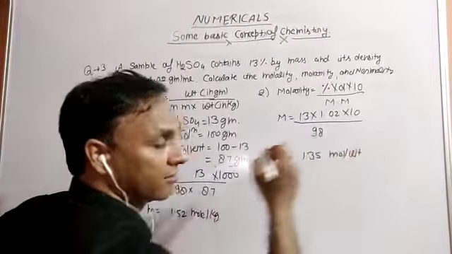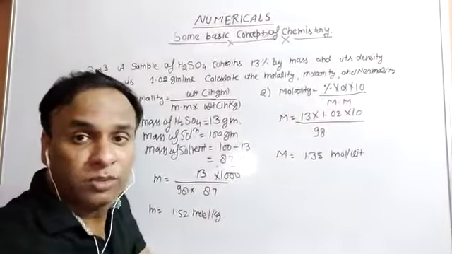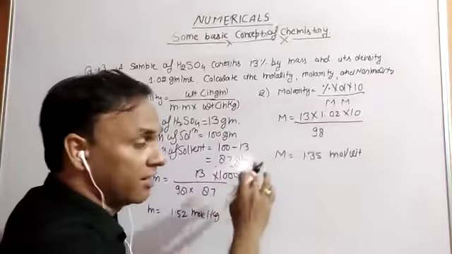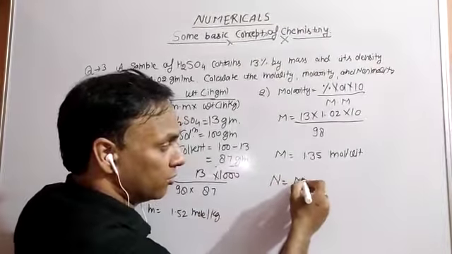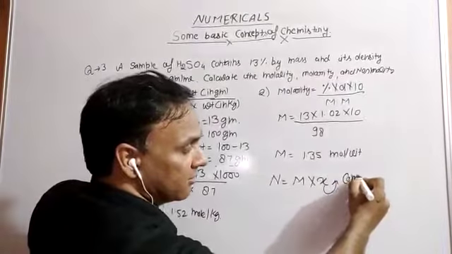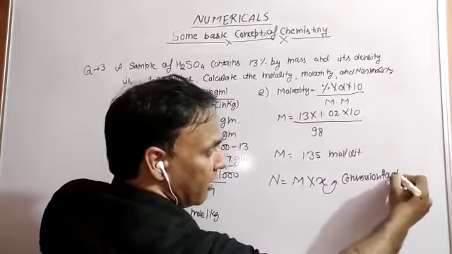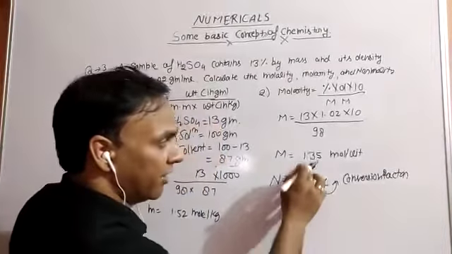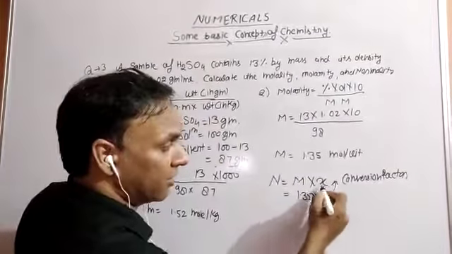As we have to find out the normality, we know the relationship between the molarity and normality. The normality is equal to molarity into X, where X is the conversion factor. Molarity is 1.35.